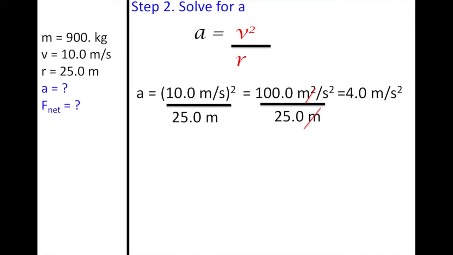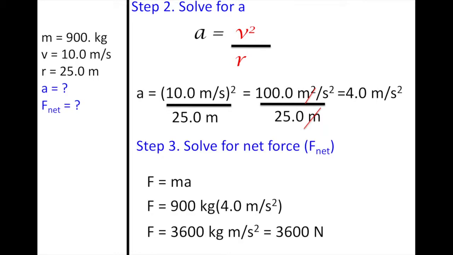When we multiply and divide and everything cancels out, we are left with 4.0 meters per second squared. Then all we need to do is step 3, solve for the net force. We are using force equals mass times acceleration. We plug our mass in and we plug in our acceleration and we get an answer of 3,600 newtons.